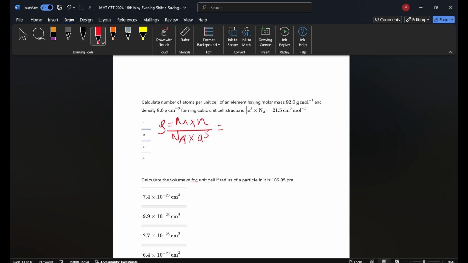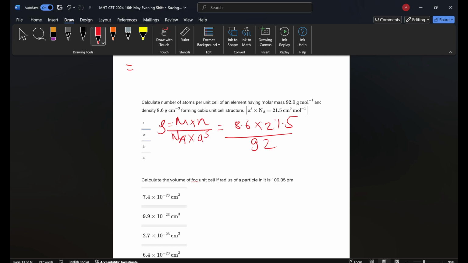So if we shift that formula, density is given 8.6. And now a cube into Na, it is given as 21.5, 21.5, and here it is 92. So chemistry over, maths on.